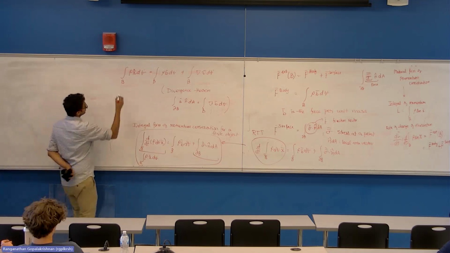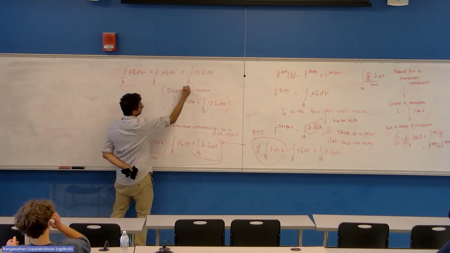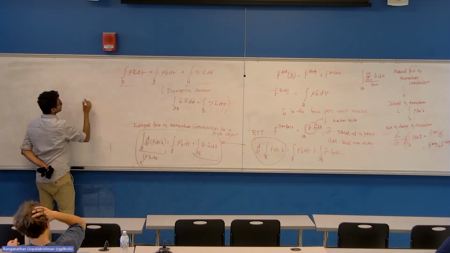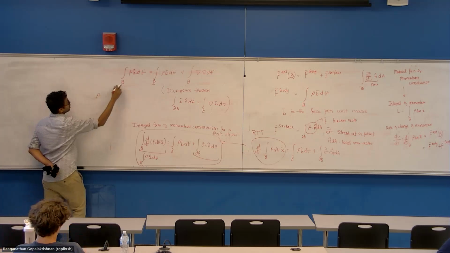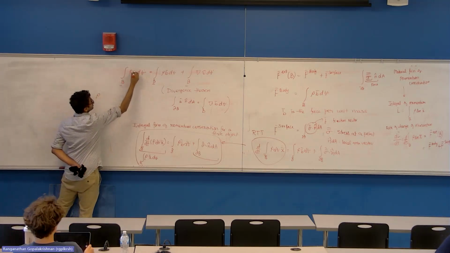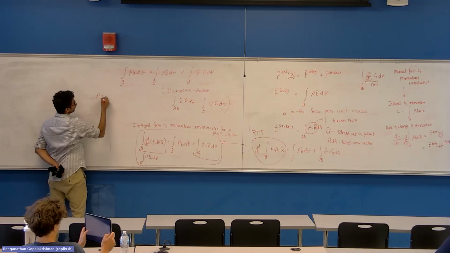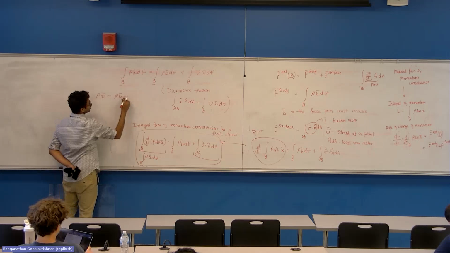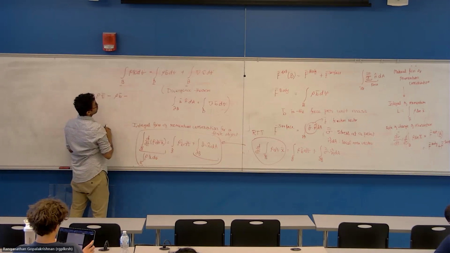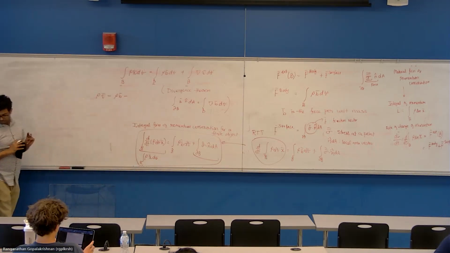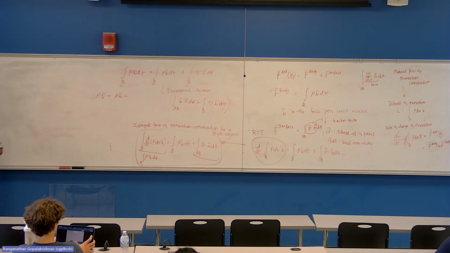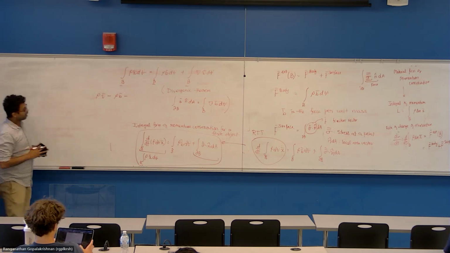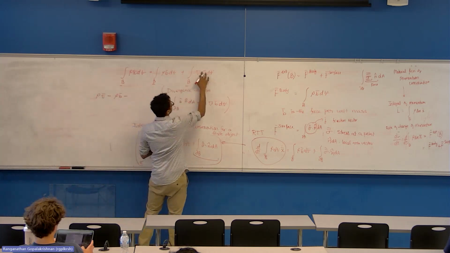The reason we do this is to convert everything into the volume domain so that we can write rho x double dot, which we'll write as rho v dot, minus rho b minus... wait, I made a mistake here. It should be the divergence of sigma.